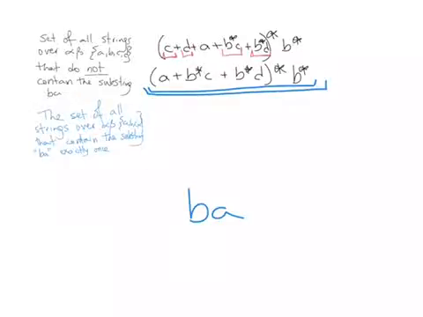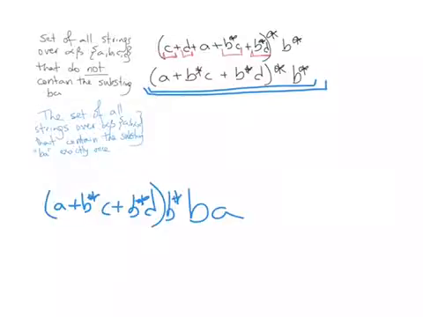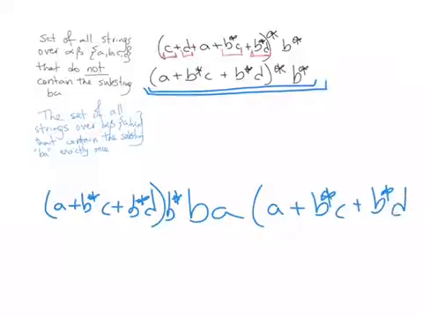So, in fact, I think, let's see if I can write it small enough in here. (A plus B star C plus B star D), followed by as many B's as I want, and then BA, and then the same thing at the end. (A plus B star C plus B star D), and then as many B's as I want at the end.